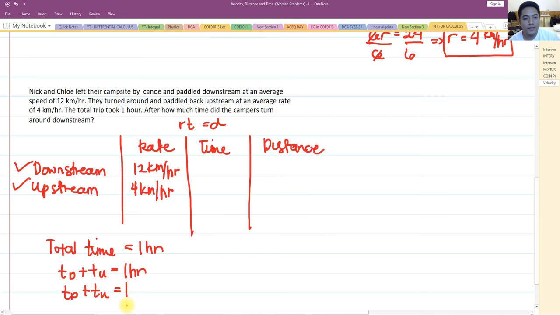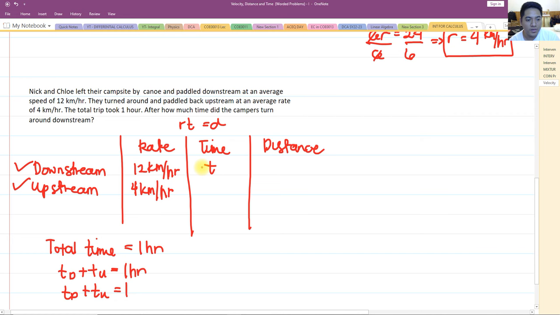So right now, if we're going to substitute it, we don't know the time for the downstream. So we just label this as time.